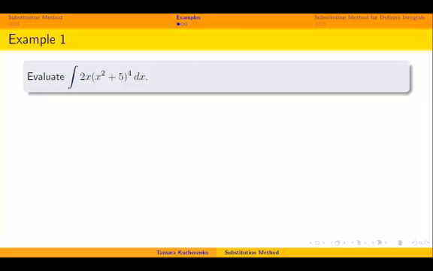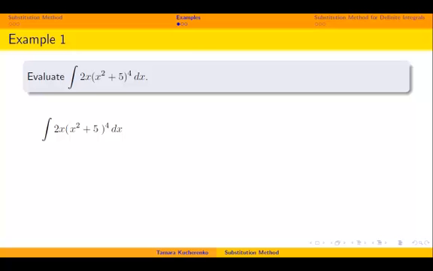The first one is to evaluate the integral of 2x times (x squared plus 5) to the fourth dx. This integral contains the composite function (x squared plus 5) to the fourth.